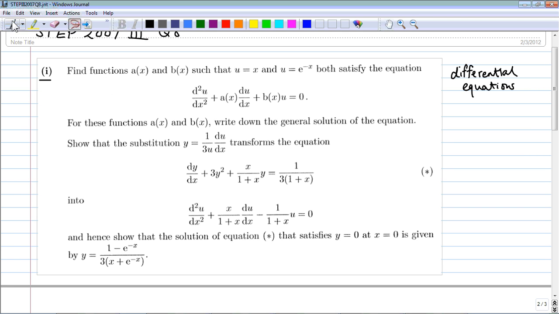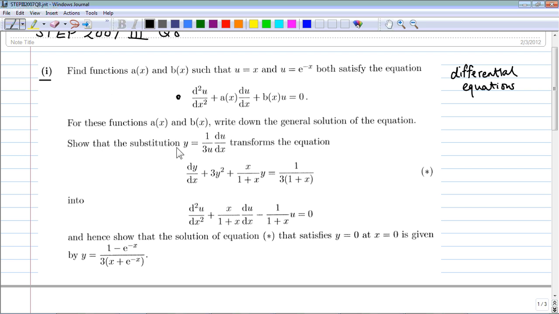So let's look at the question itself. Find functions a and b such that these two functions, u equals x and u equals e to the minus x, both satisfy this differential equation here. And then it says for these functions a and b, write the general solution of this equation.